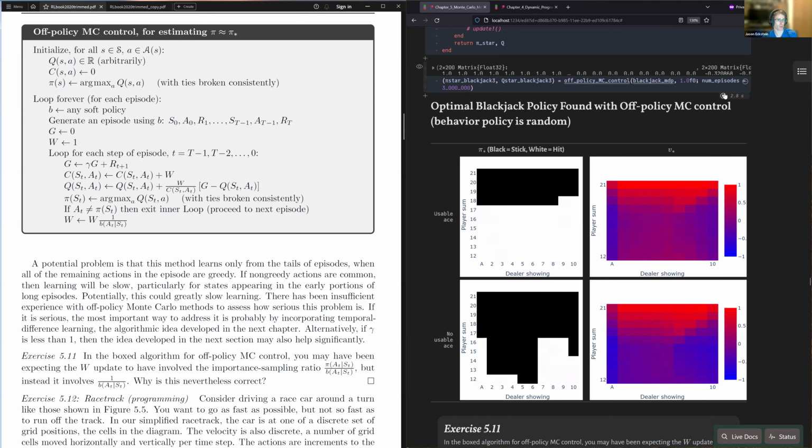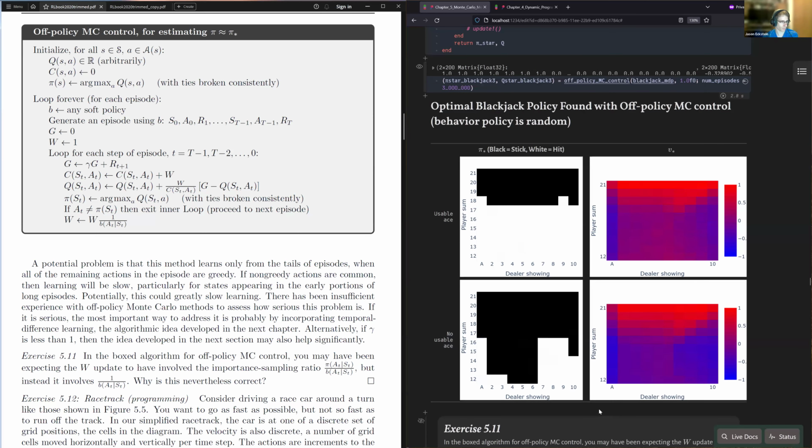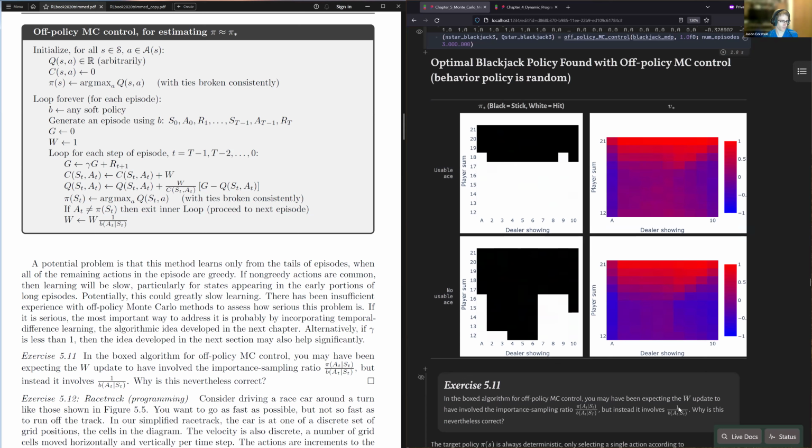It's the same problem where you need a lot of episodes, enough samples to get an answer, but it's recovering mostly the same solution. It's not perfect. So yeah, anyone want to take a crack at why there's just a 1 in the numerator instead of the pi?